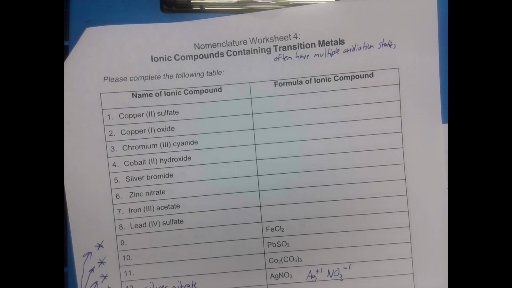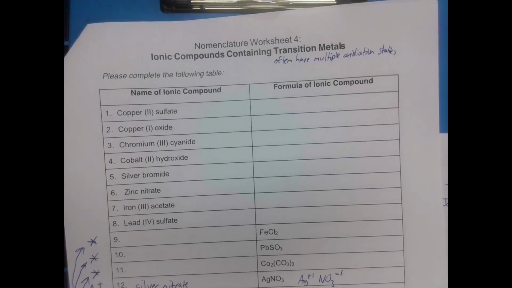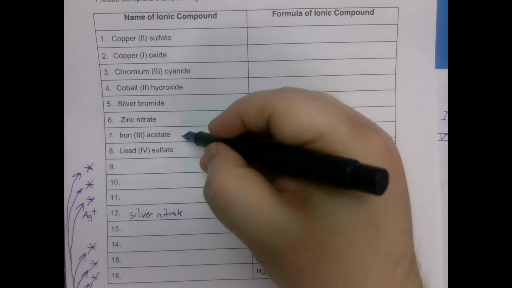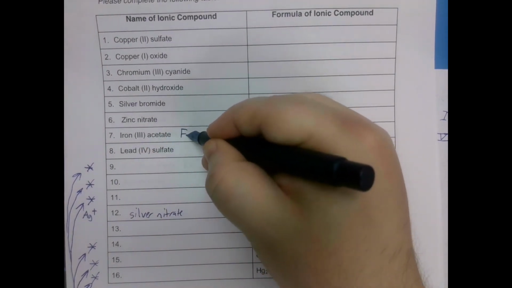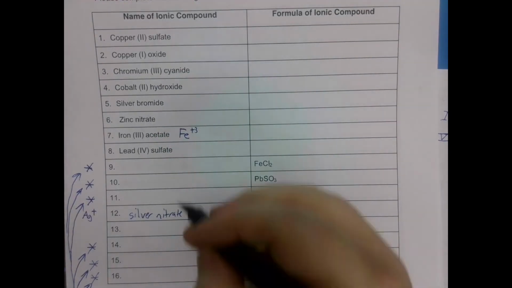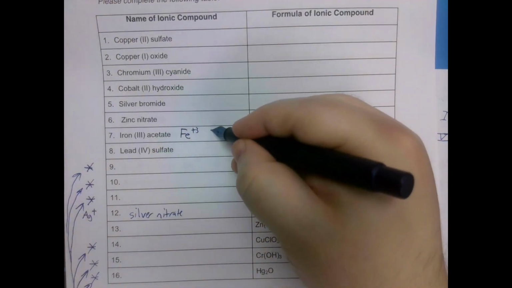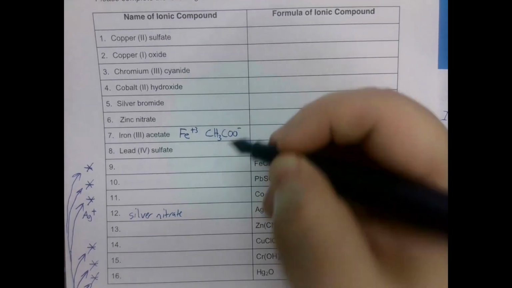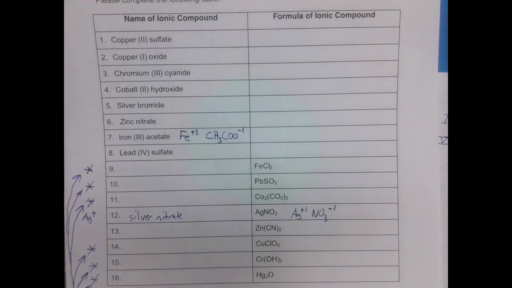Let's do number 7. Iron(III) acetate. So iron(III) is Fe3+, and acetate is CH3COO negative, or -1. So we have a +3 charge here, so how many acetates do we need?